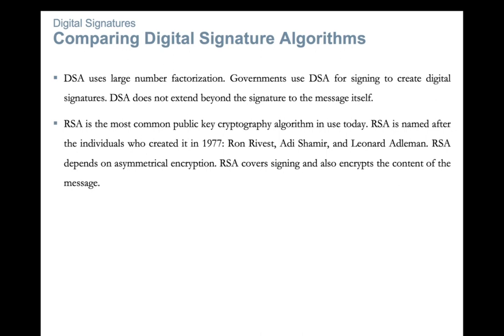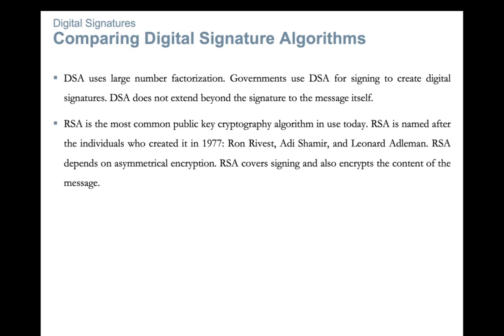RSA depends on asymmetrical encryption. One key is used for encryption, another key is used for decryption. So two different keys are used in this RSA algorithm. RSA generates two keys, as do all the other algorithms. RSA covers signing and also encrypts the content of the message.